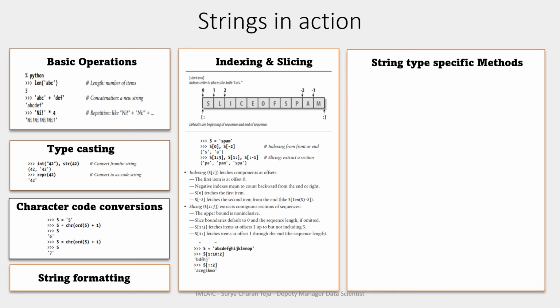In indexing, if you say s of i, it fetches components at offsets. And one more thing that belongs to this category is slicing, s of i through j, which extracts contiguous sections of that sequence.